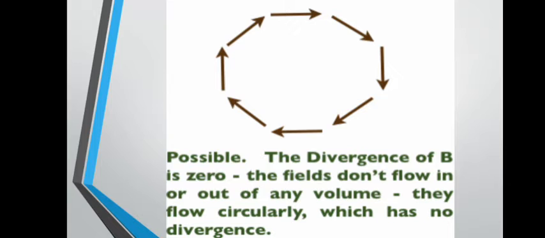To support this statement, the field lines do not flow in or out of any volume; they flow circularly. So there is no divergence. That's why the divergence of B is always 0.